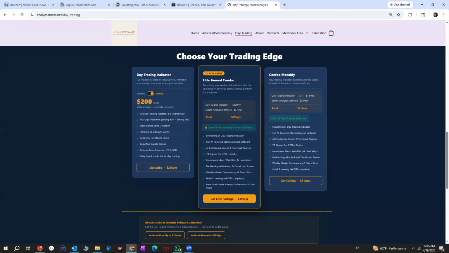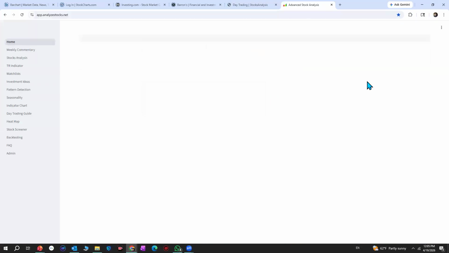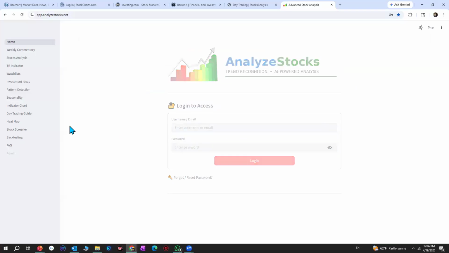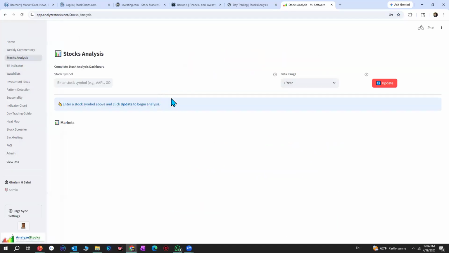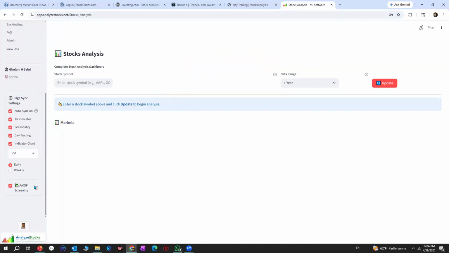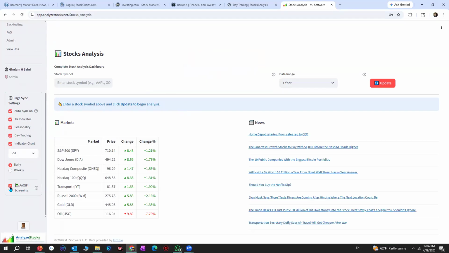As far as that web page, there was a question on how do you get that AAOIFI. If you log in on the main page of the stock analysis app, go to the left bottom side. This is AAOIFI screening, and it is checked here.